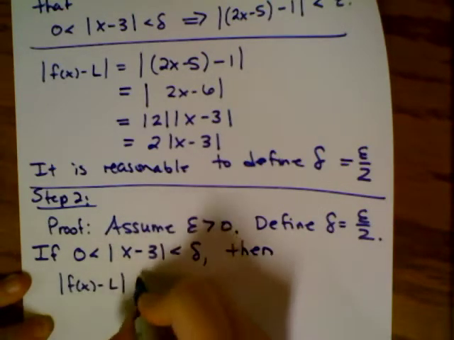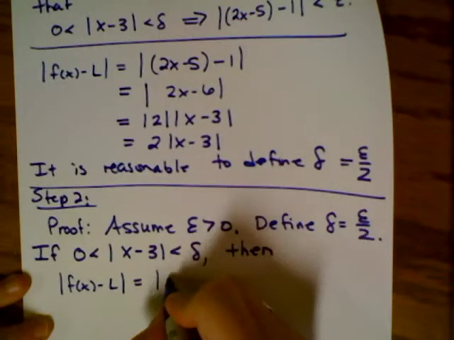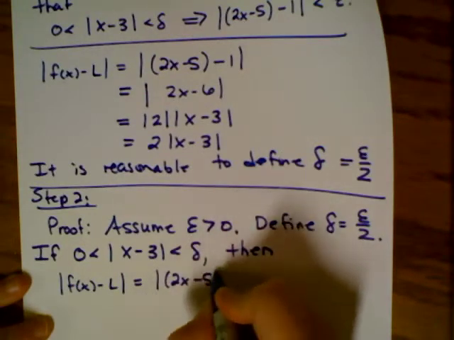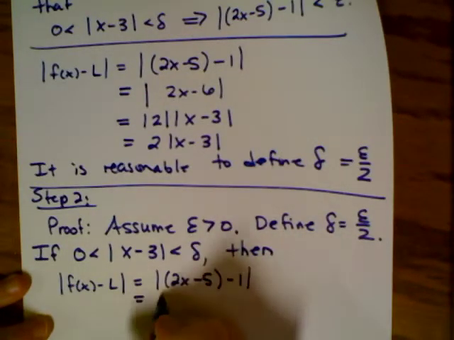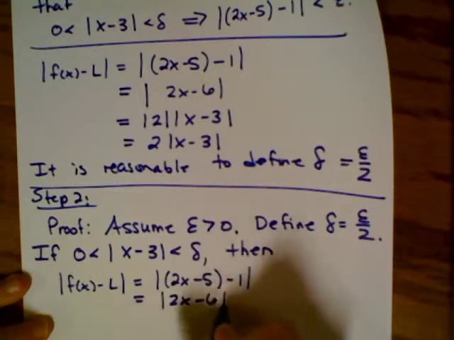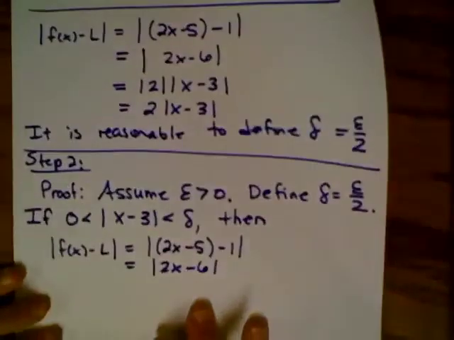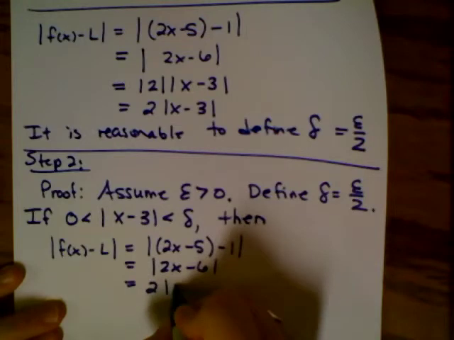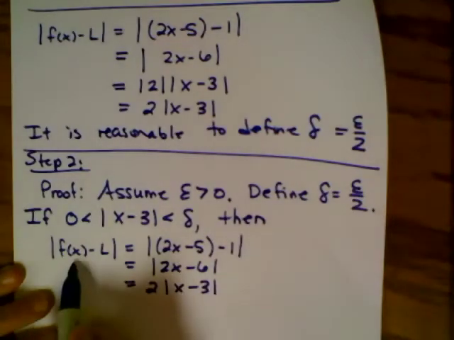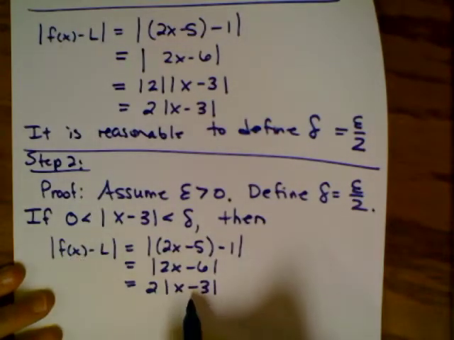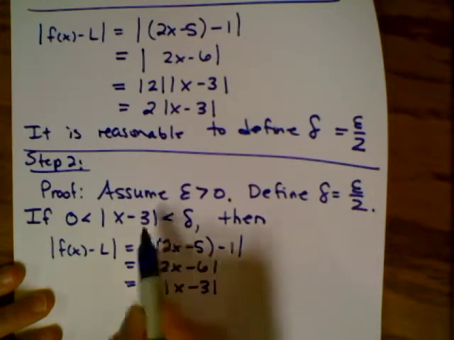We can look at the difference, f of x minus L, and we know what that is. That's 2x minus 5 minus 1, which simplifies to 2x minus 6. We've already seen that we can factor out the 2, and so the difference f of x minus L can be written in terms of the difference x minus a. Now we look back.